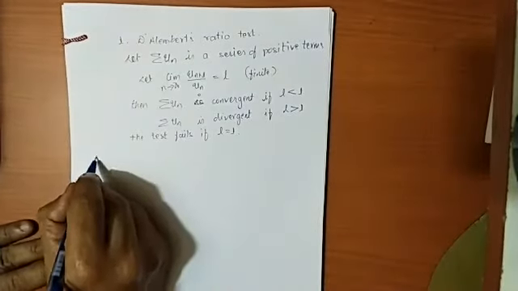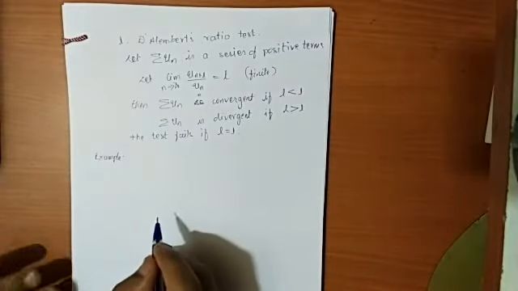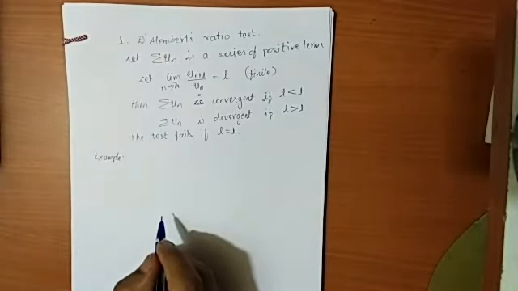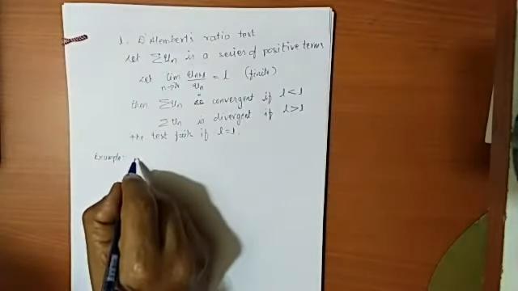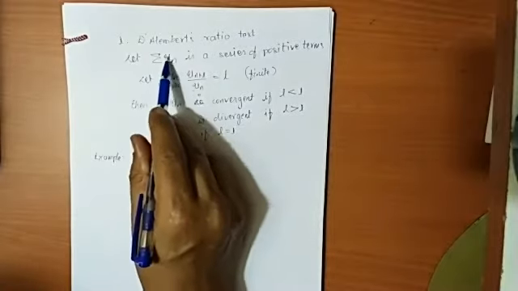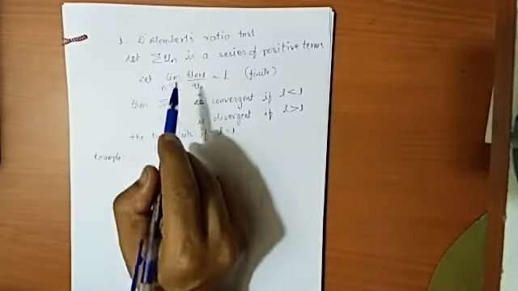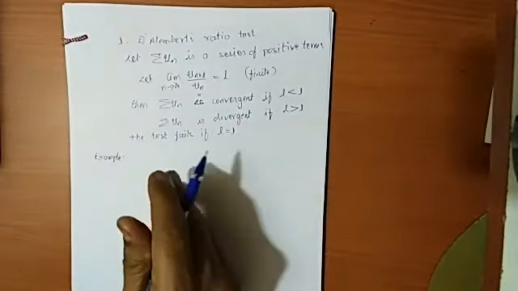Now, I consider an example. Step one is to find out the nth term. They do not always give sigma un. They just give the infinite series, with one or two or three terms.